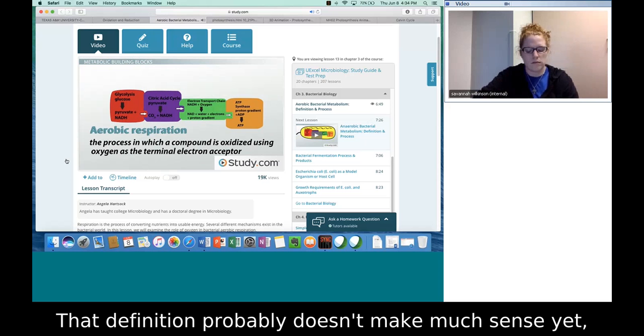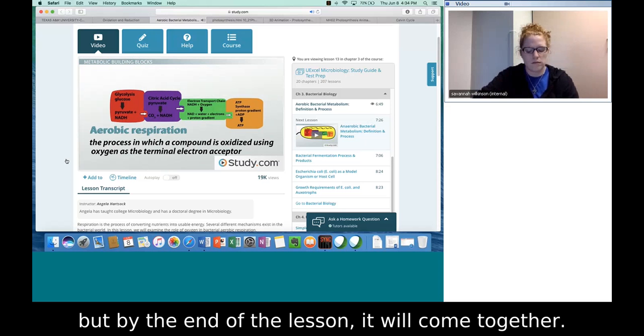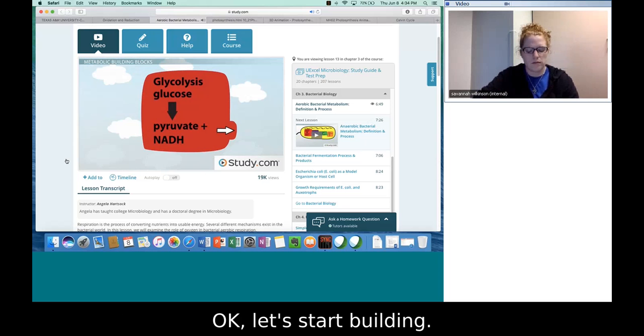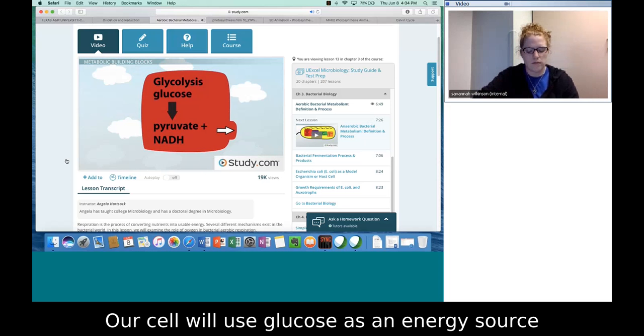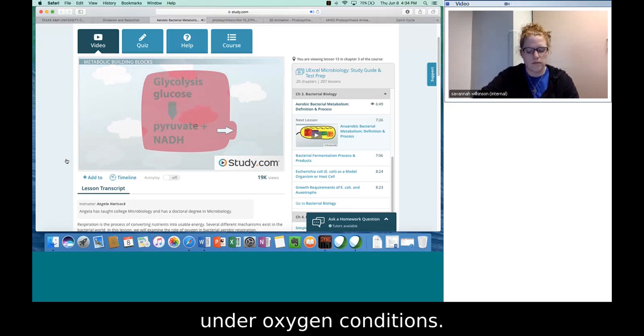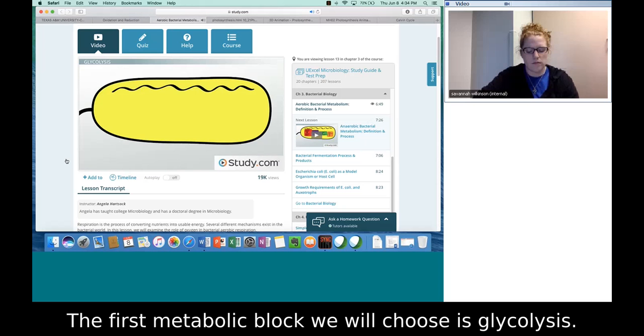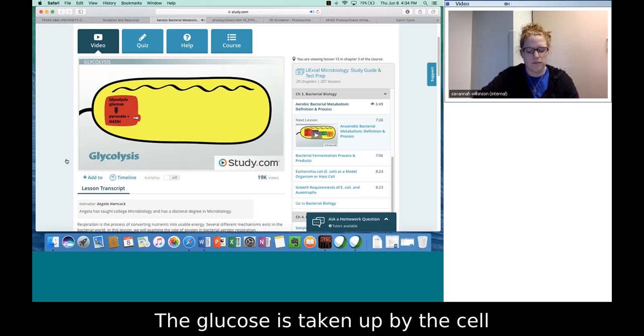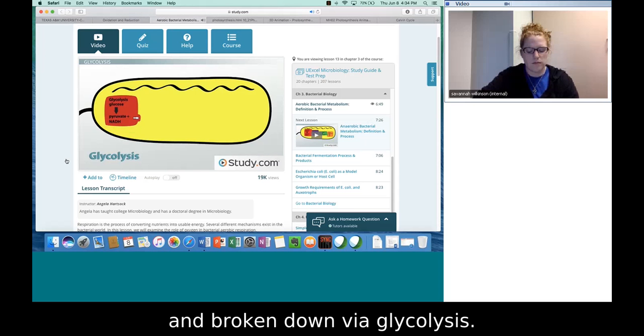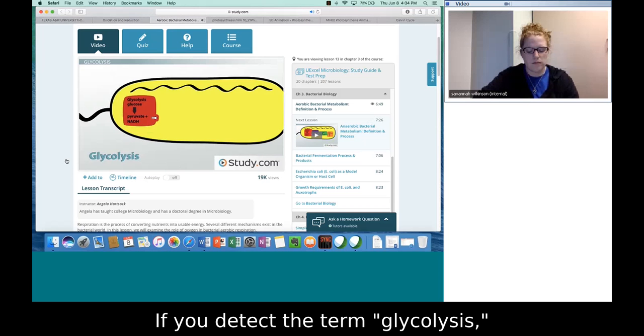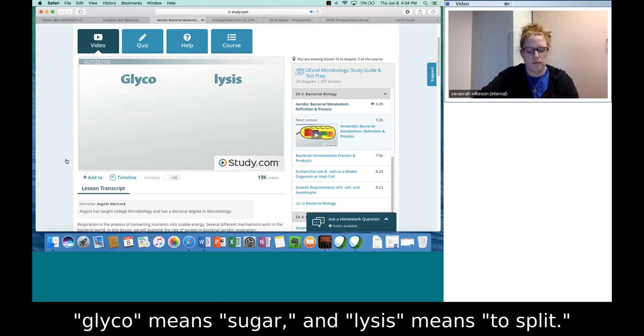That definition probably doesn't make much sense yet, but by the end of the lesson, it will come together. Okay, let's start building. Our cell will use glucose as an energy source under oxygen conditions. The first metabolic block we will choose is glycolysis. The glucose is taken up by the cell and broken down via glycolysis. If you dissect the term glycolysis, glyco means sugar, and lysis means to split.